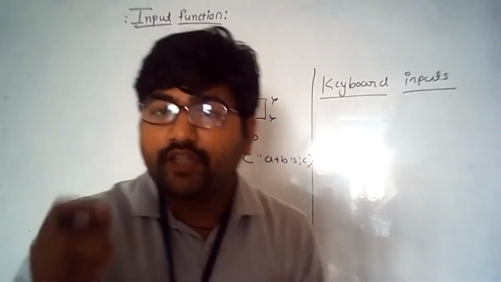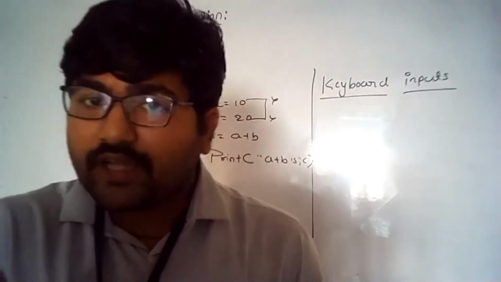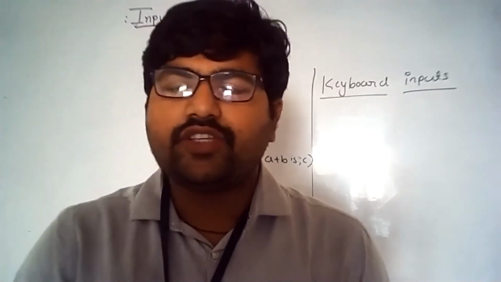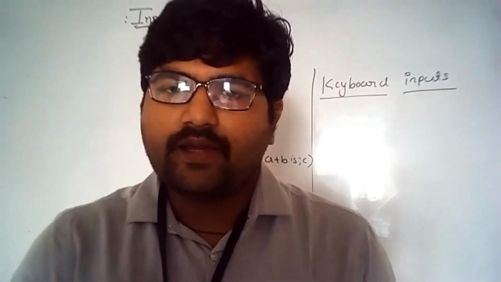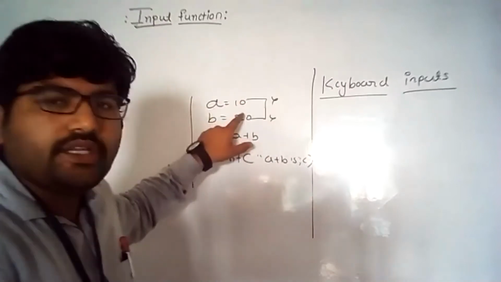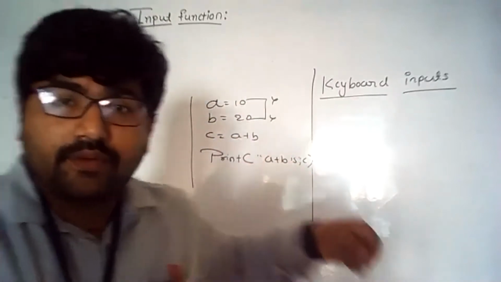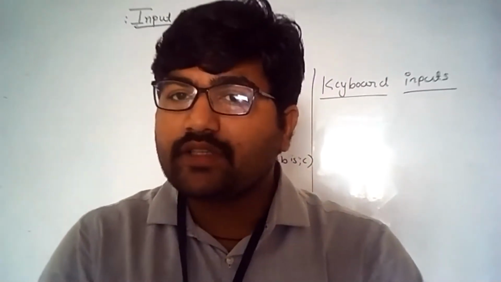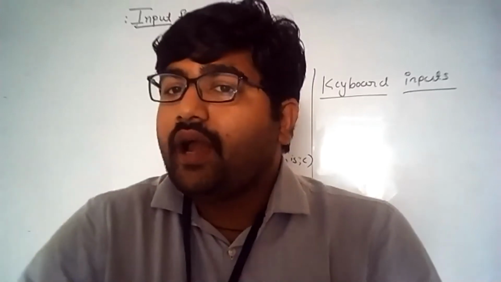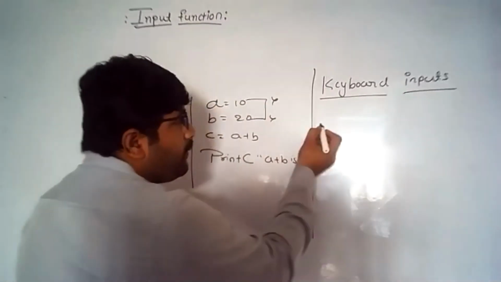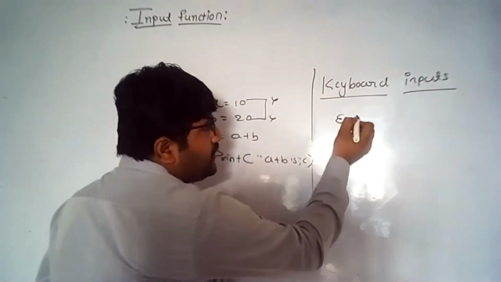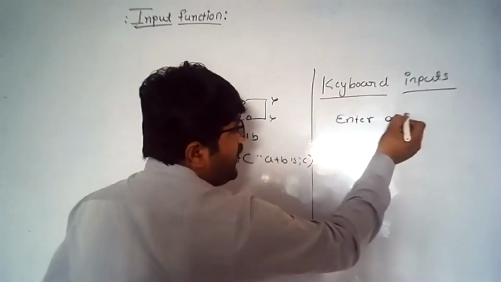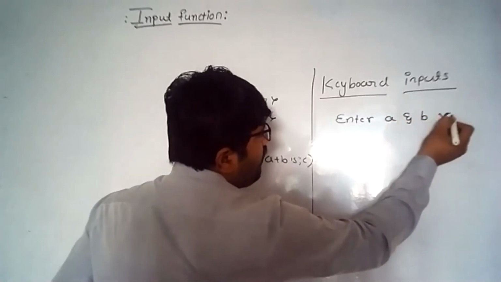A dynamic, that is a runtime, when the program is running you cannot change the values. It is static. Whenever you want to change it, you have to open the program and modify it. If we want to give values at runtime, a prompt should come like this: enter a and b values.